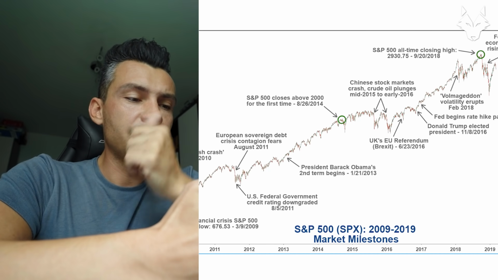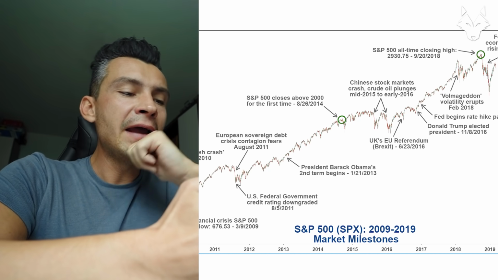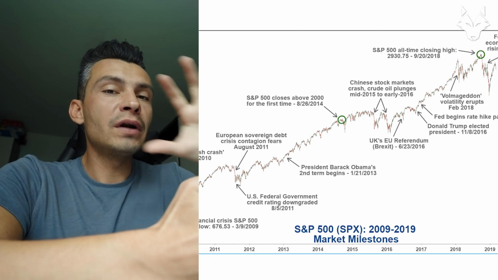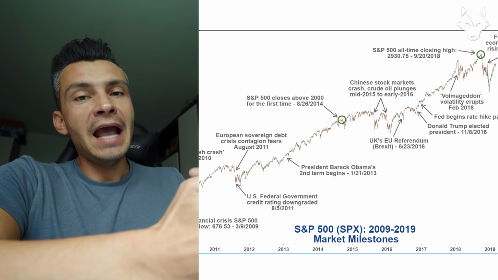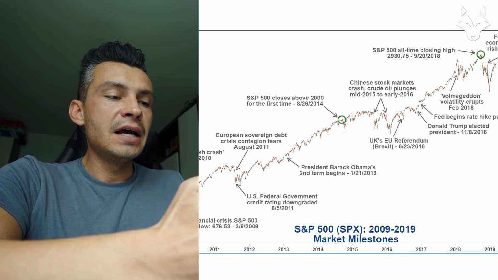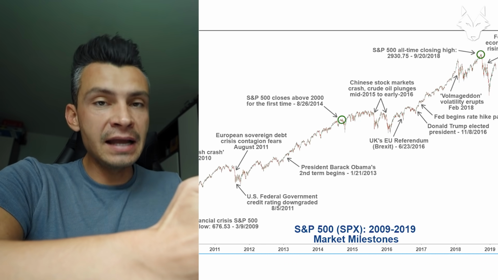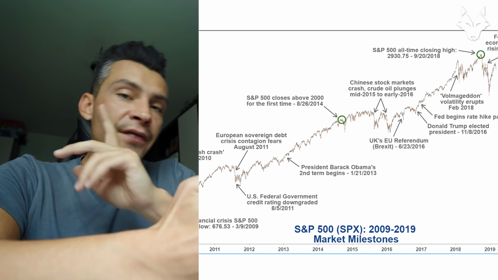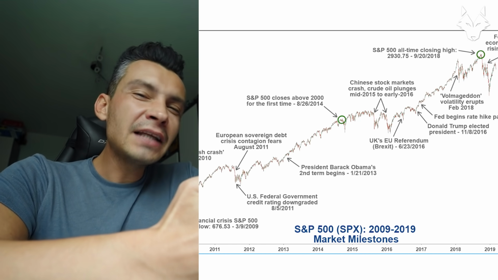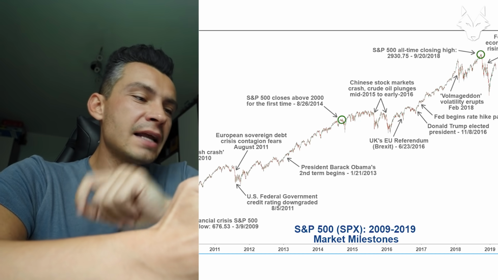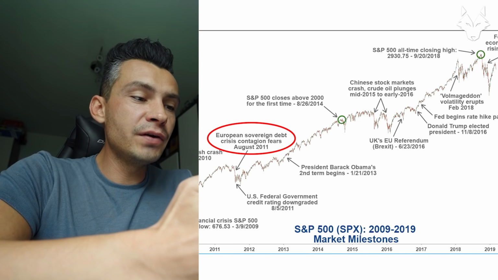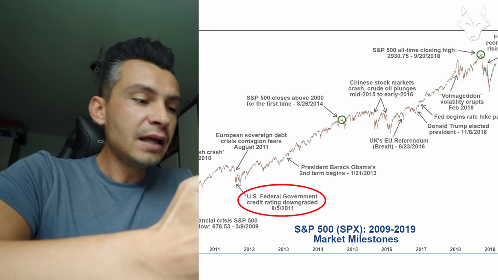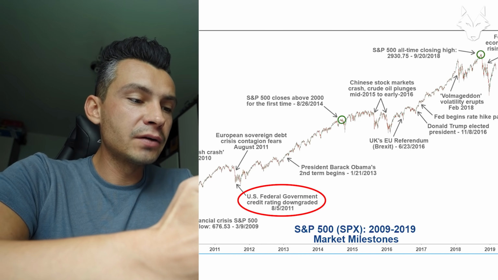And then there's another graphic that I want to show you. It's showing a huge uptrend for 10 years of the S&P 500 since the financial crisis ended, when we really found the bottom. And then you can see how many times we had bad news. For example, the European sovereign debt crisis, then the US federal government credit rating downgraded.